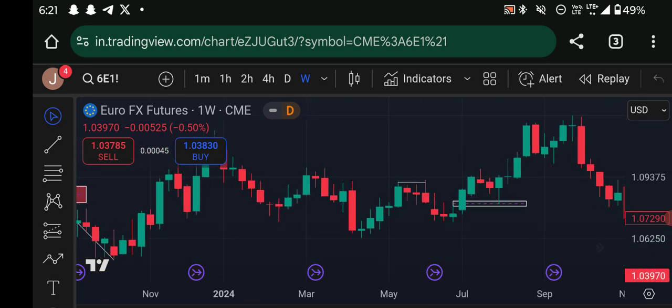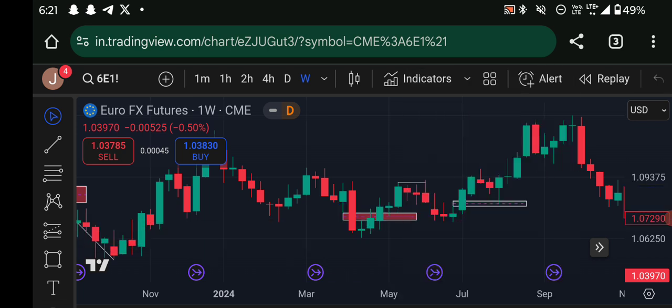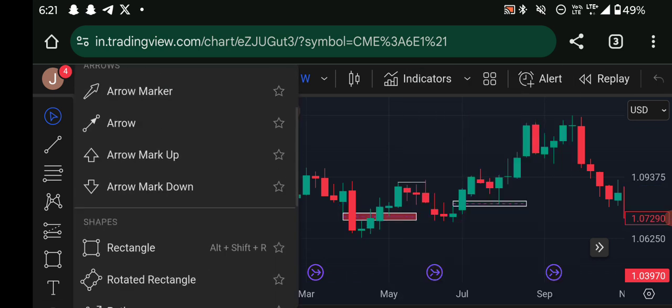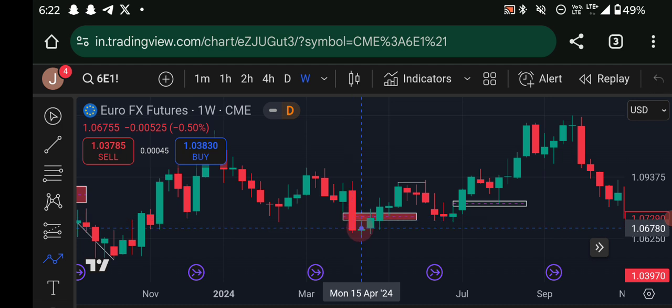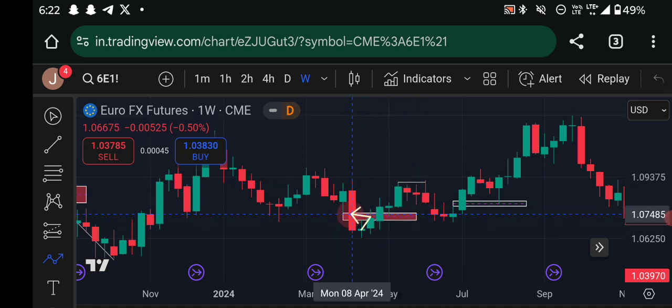Most of the fair value gaps are respected. We can see another disrespect of a fair value gap. We can see that here there is a fair value gap which price taps into and should have moved lower, but we can see that it went higher, disrespecting this fair value gap.